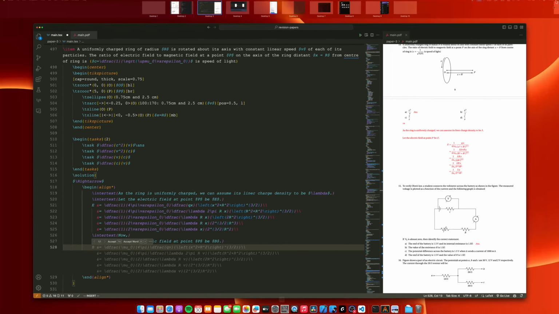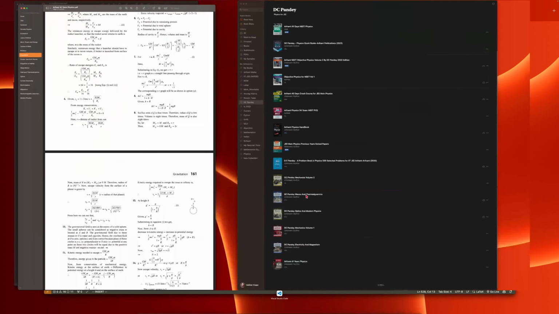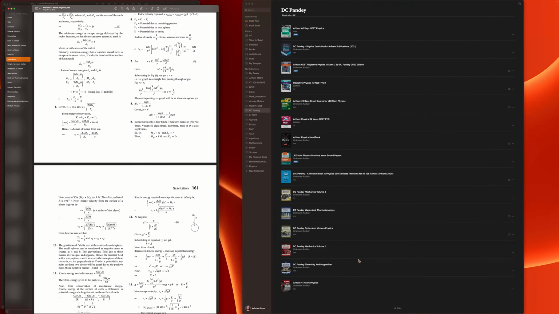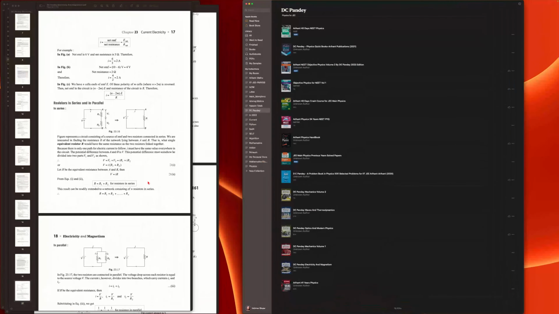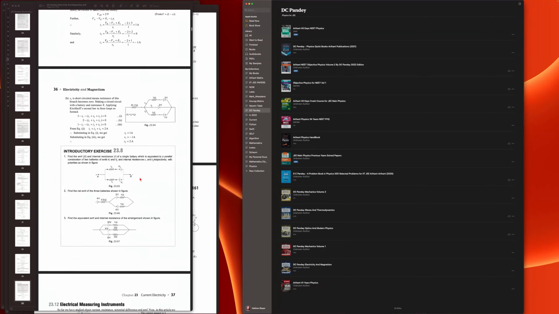So I'm going to check the expression for the magnetic field, because I'm not going to derive everything here from scratch, that will be a tedious job. So for right now I'm going to use the expression for the magnetic field.